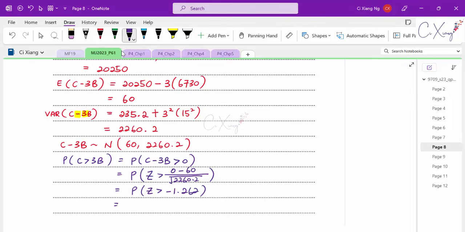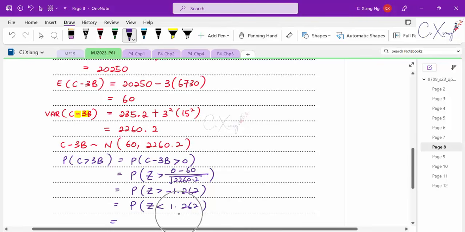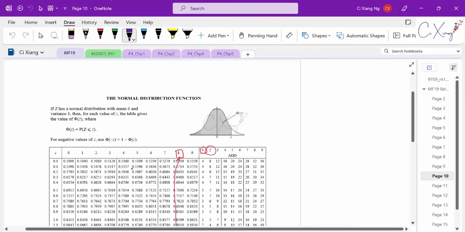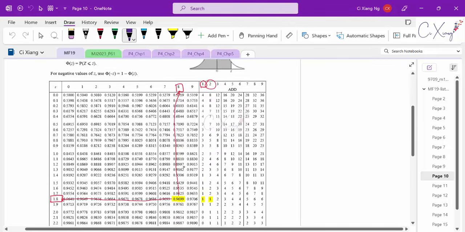Okay, then of course, our normal distribution table only provides the area for positive values of Z. So I have to imagine that Z greater than negative 1.262 has the same area as Z smaller than 1.262. So we proceed to calculate the probability. From the table, Z smaller than 1.262, I go back to our normal distribution table.